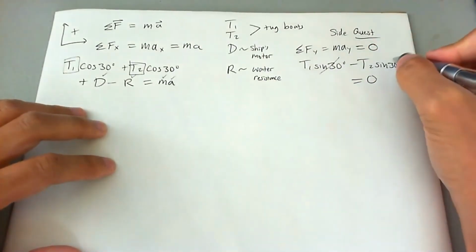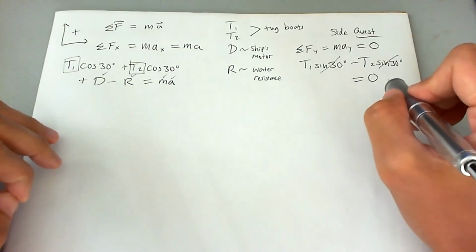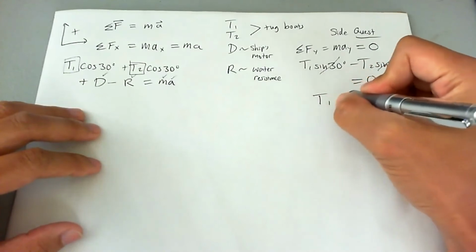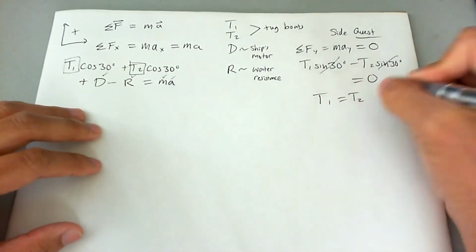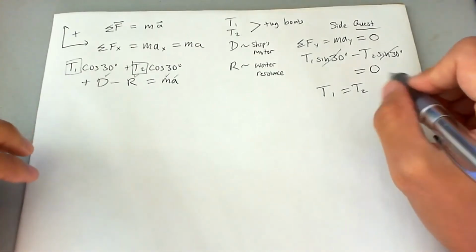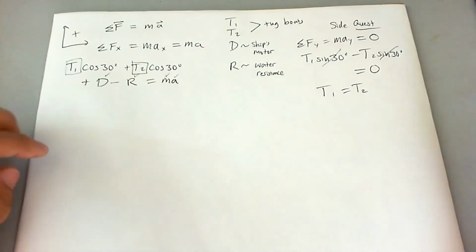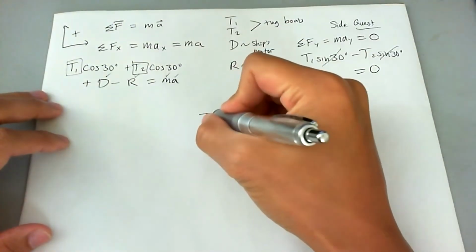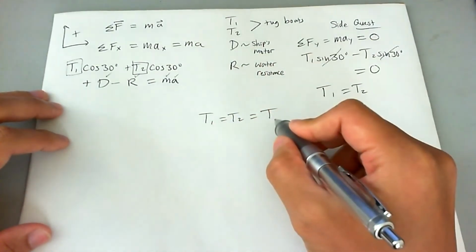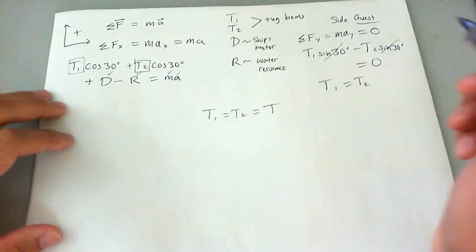We cancel out the sine 30s because if you divide both sides by sine 30, 0 divided by sine 30 still remains 0. So now we end up saying that tugboat T1 is equal to tugboat T2, and that is our relationship between the two tugboats. So now that we know that, both tugboats are now just T. They're both pulling with the exact same force, and we'll call it T.